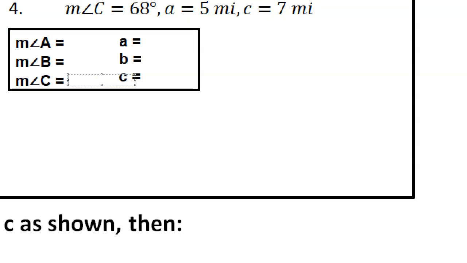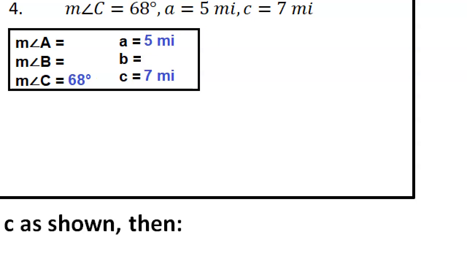Angle C is 68 degrees. And then side A is 5 miles. And side C is 7 miles. All right, there you go. We have to figure out everything else.